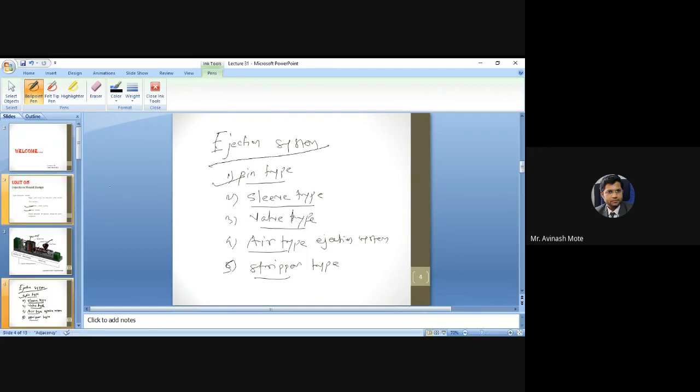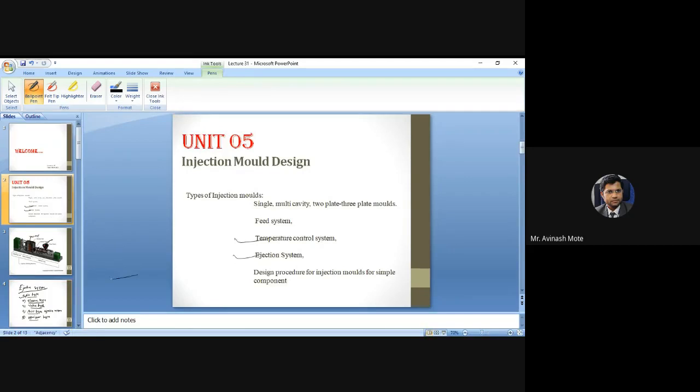First of all, we saw this temperature control system. And in temperature control, I told you that rather than heating, what is most important is the cooling system, because the heating cycle is a very small cycle, and once you set the temperature, the heating mechanism will automatically heat the material. What is important is the cooling mechanism, because the final structure of the product, final finishing of the product, final quality of the product, every parameter related to the product, depends only on this cooling mechanism.